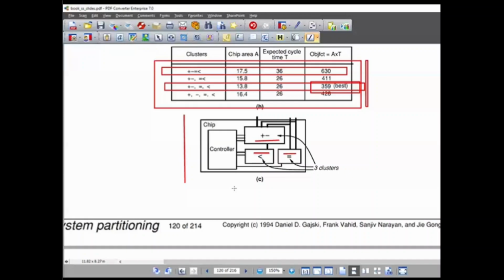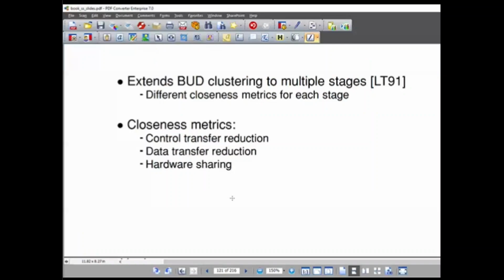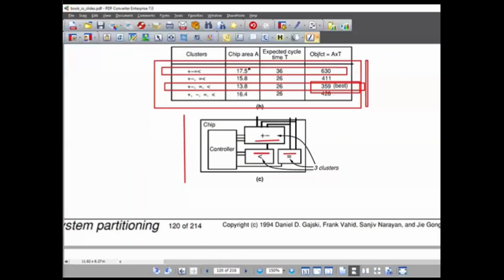So the closeness matrix which we have talked about refers to three different factors: the size, area, or number of components, and the cycle. Cycle implies the delay pertaining to the type of operation which is to be performed by that device.